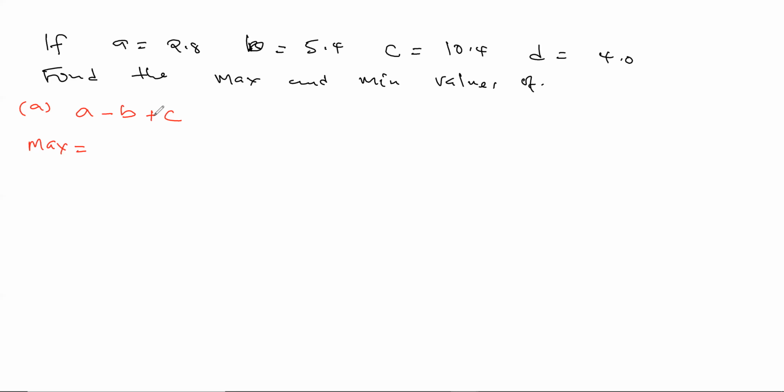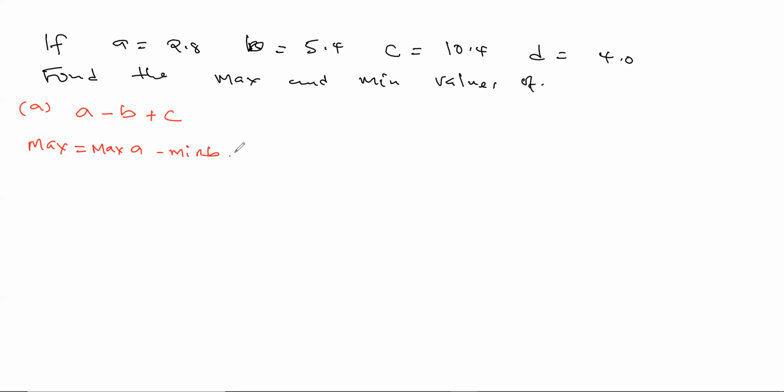Then for addition, we said if you want to get a minimum, you always take the minimum. This plus here is for C. This minus is for B. This A is positive, of course, but in between A and B there is minus. So if I want to get a maximum for this, I'll say maximum of A minus minimum of B. But in addition, for minimum, you go for minimum.